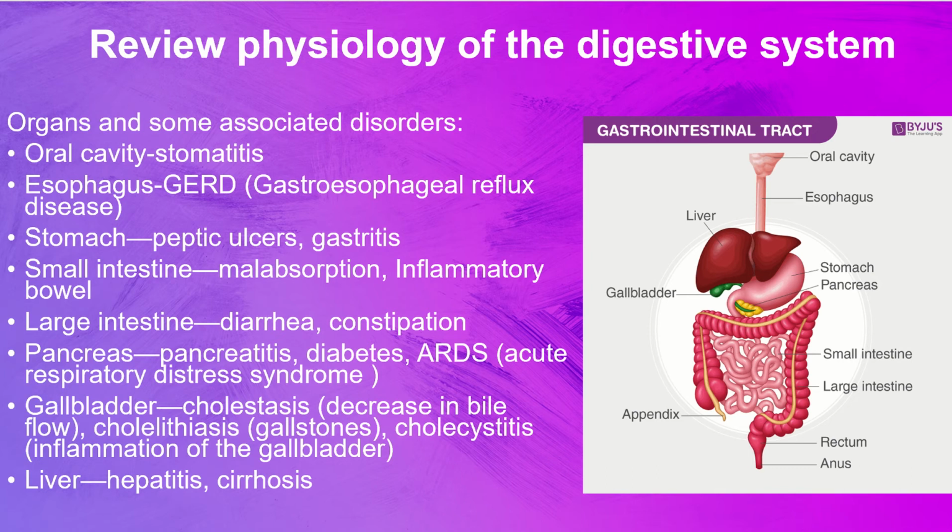And in your small intestine, a lot of people suffer from malabsorption and inflammatory bowel disease. In your large intestine, diarrhea, etc. Right? So we have all of these disorders associated with particular parts of our GI tract.